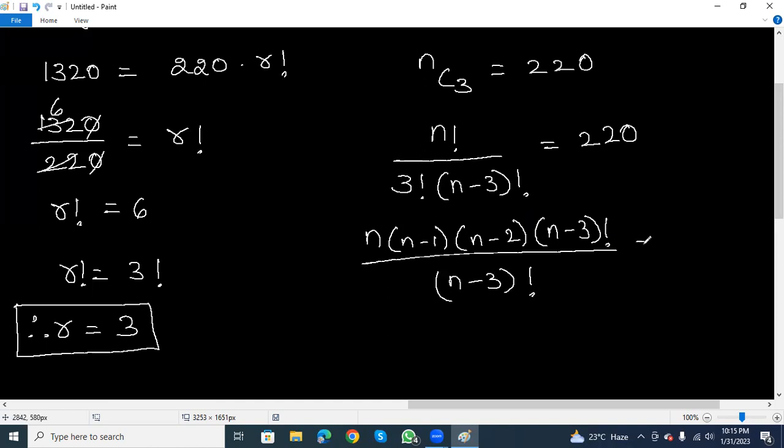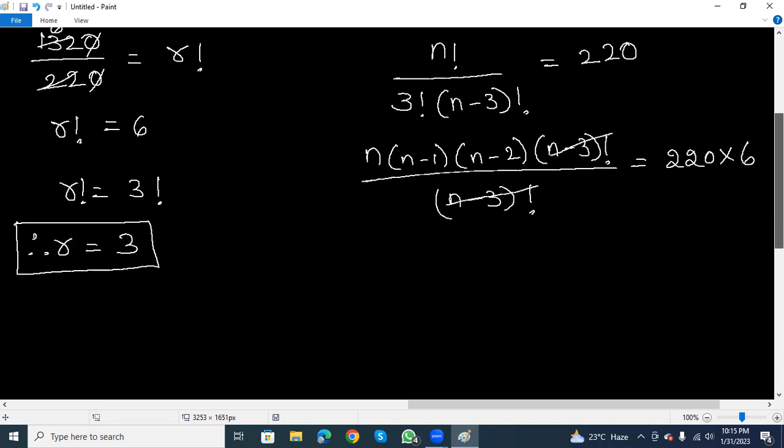This 3 factorial value 6 I will take to this side, 220 into 6, the constants moving to the right side. Now (n minus 3) factorial gets cancelled. So n into (n minus 1) into (n minus 2) is equal to 220 into 6.